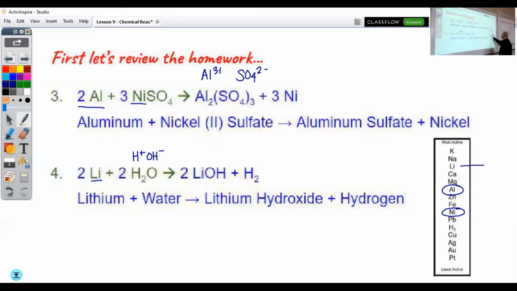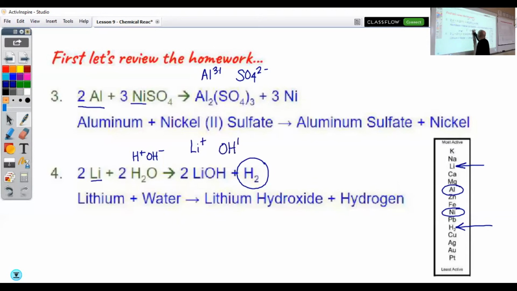So if you look at our chart here, lithium is up here, hydrogen is way down here. So lithium is definitely more reactive than hydrogen. So that way, hydrogen should be by itself at the end of this reaction, which it is. And in this case, we're going to have lithium replacing the hydrogen. Lithium has a 1+ charge because it's in group 1.